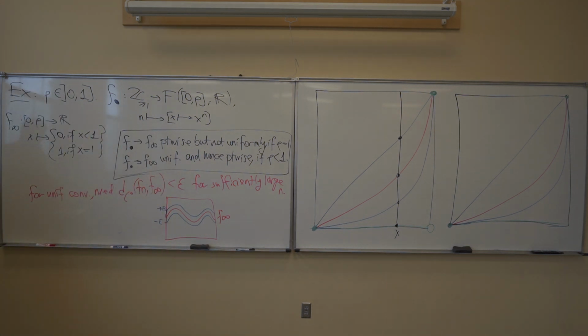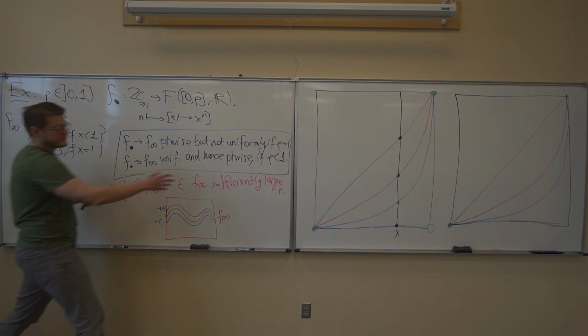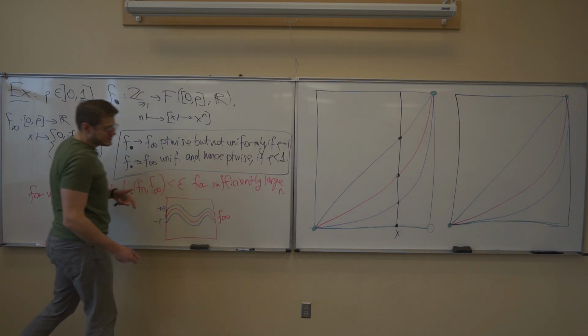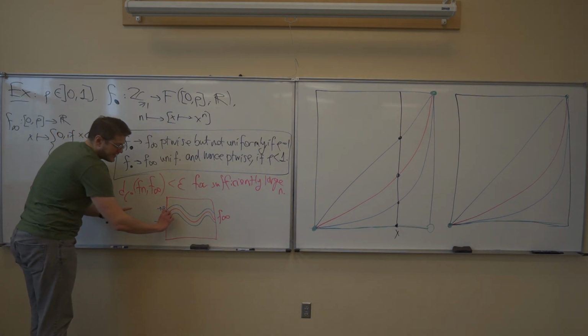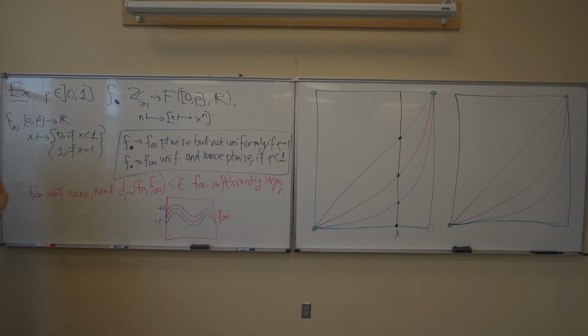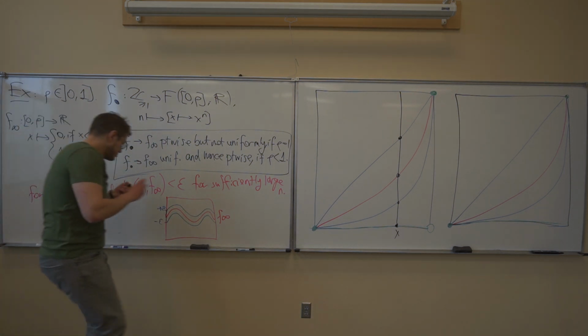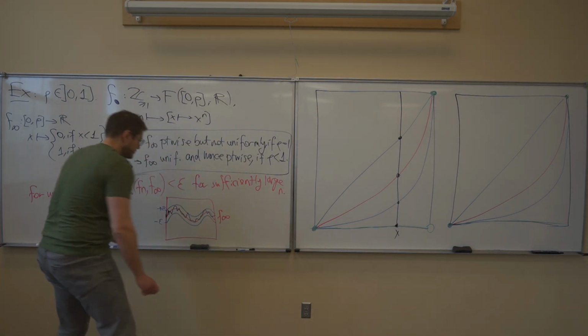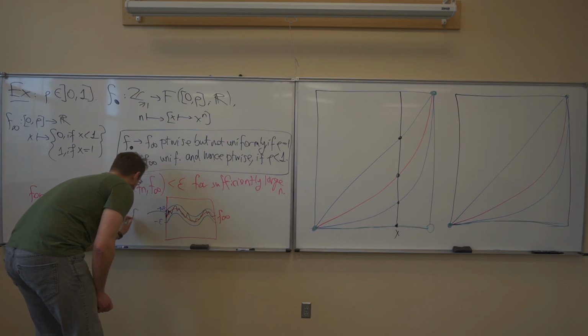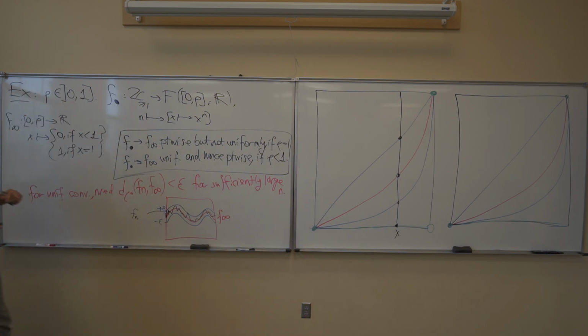In order for the sequence f sub n to converge to f infinity, what I need is that after finite time, in other words, for sufficiently large n, the graph of f sub n is inside this ribbon. All of it. And as I increase n, quite possibly the function is going to change.